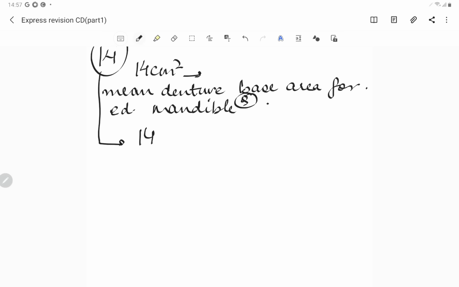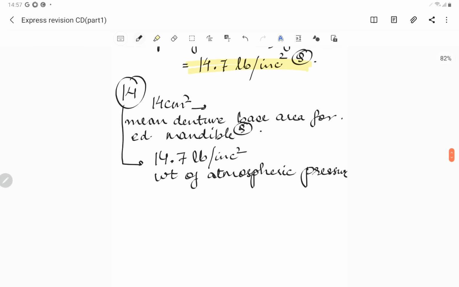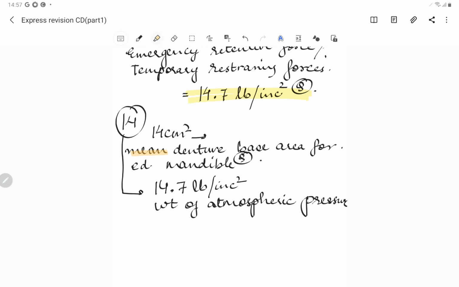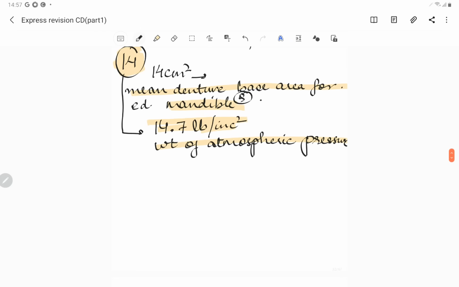So 14, just now we have covered 14.7 lb per square inch, which is our atmospheric pressure. So we have got two things to remember from 14. One is the mean denture base area for the mandible, and another one is the weight of the atmospheric pressure. The mean denture base area for the edentulous mandible is 14 centimeter square.